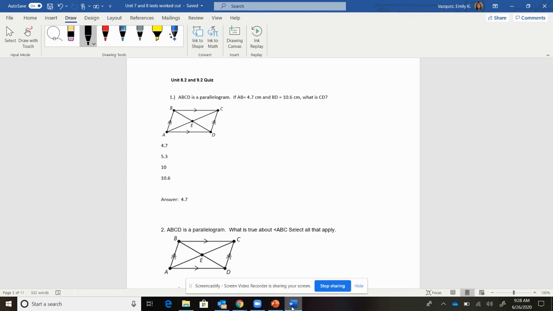So let's look at this first question here. ABCD is a parallelogram. AB is 4.7. And BD, the diagonal, is 10.6. What is CD?